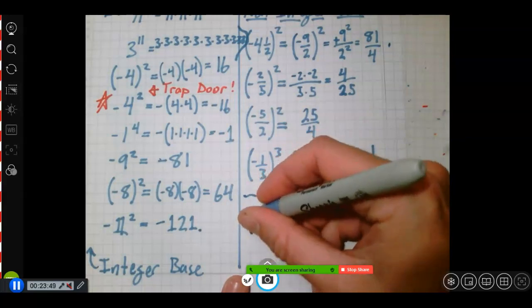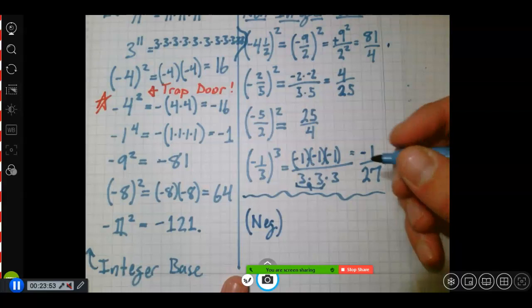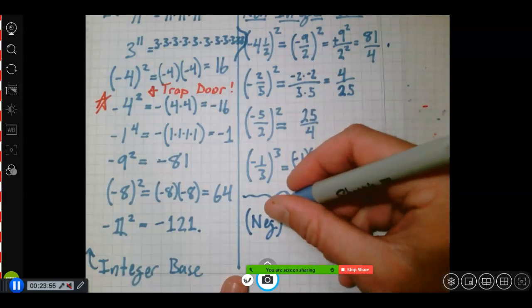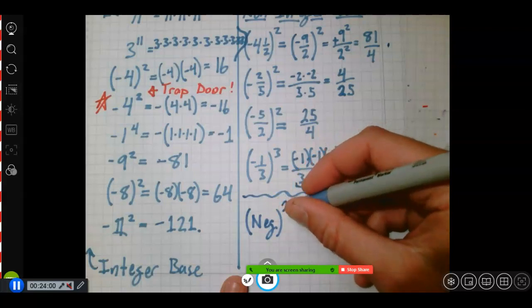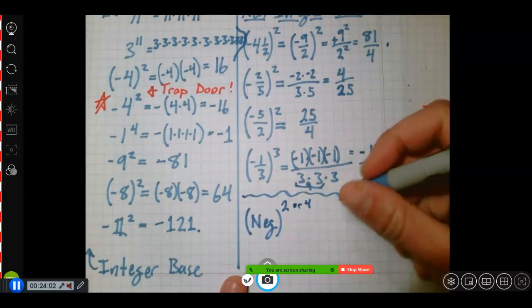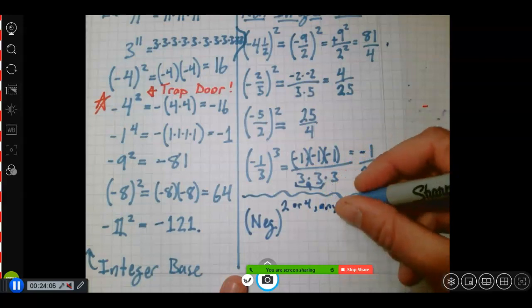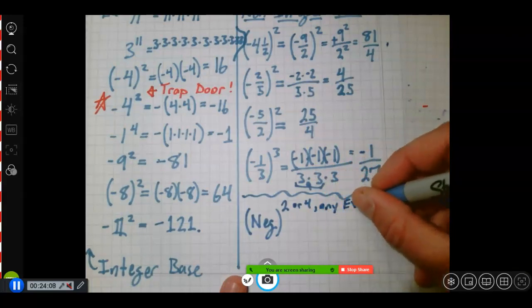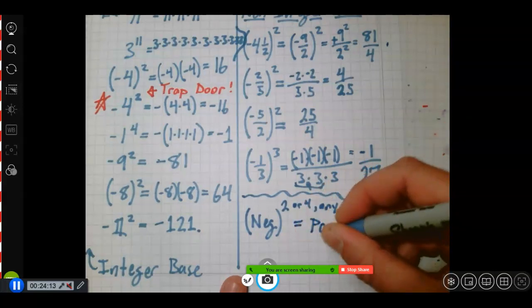When we have a negative number, whether it's a fraction or whatever, raised to an even power, like 2 or 4 or 6 or any even power, this is going to become positive.